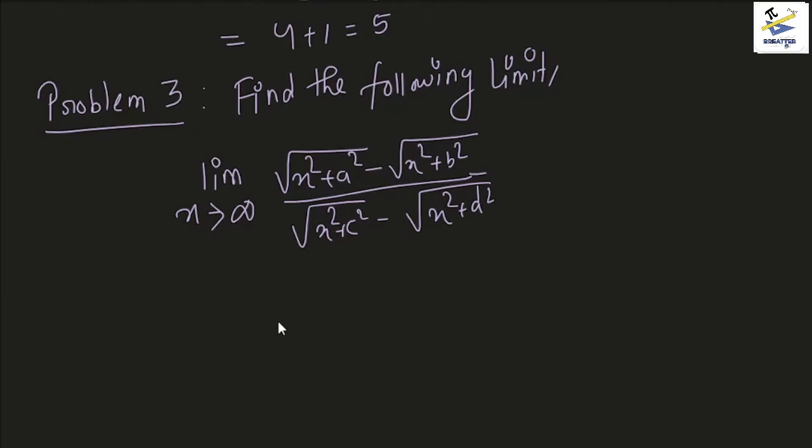Limit x tends to infinity, and in the numerator we have root over of x square plus a square minus root over of x square plus b square, whole divided by root over of x square plus c square minus root over of x square plus d square.